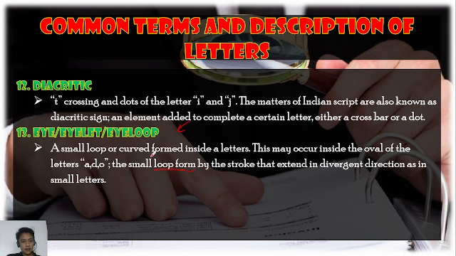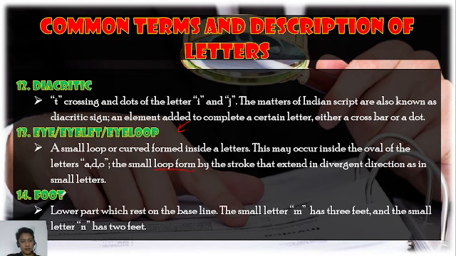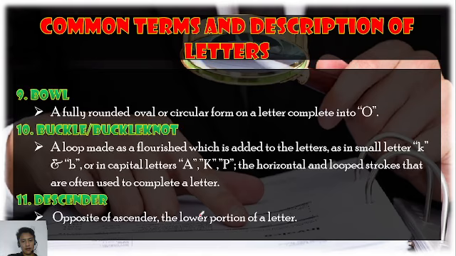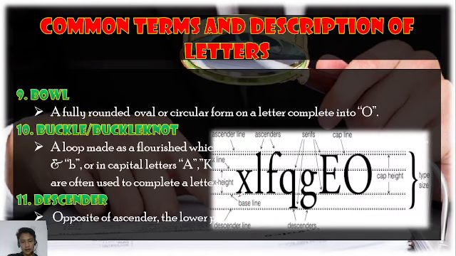Now we have the next one, which is the foot. What we are referring to as foot is the lower part which rests on the baseline. So take note, it is not the ascender line. If it rests on the ascender line, then that is what we refer to as ascender. Kung kanina, this is the baseline.